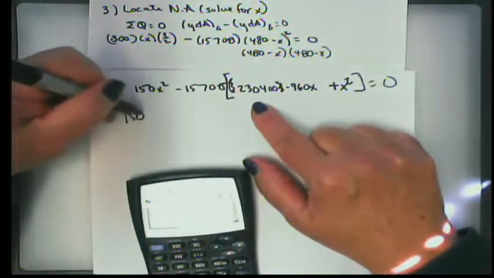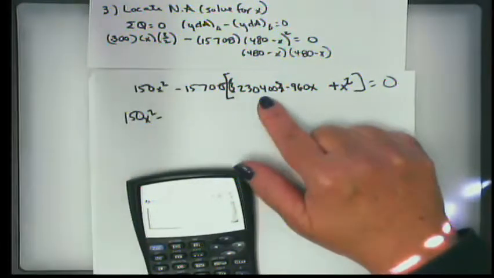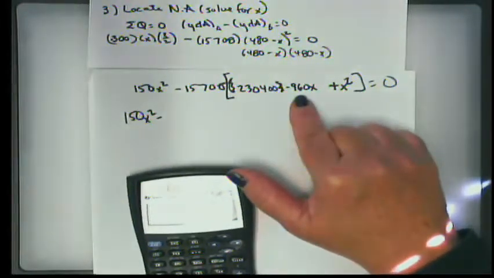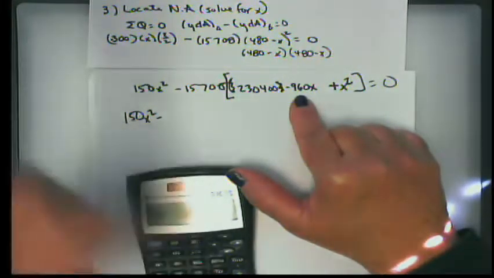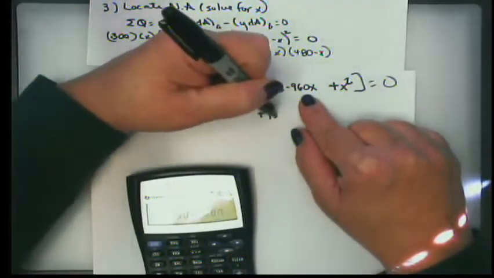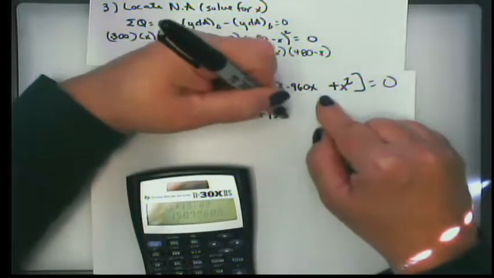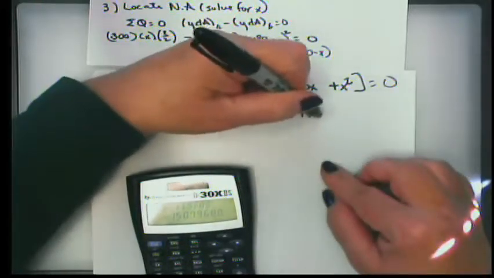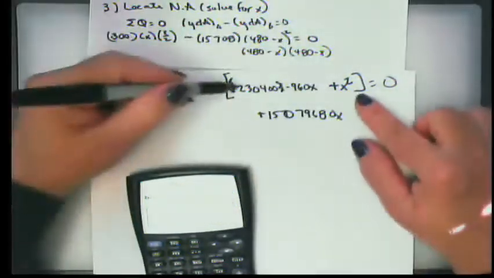So on 150 x squared, now I need to distribute that number through, because I have that one on my calculator, times 15,708. Negative times negative is a positive, so this is plus 150,79680x.